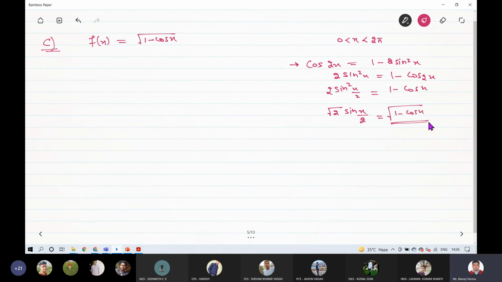So basically this function, root of 1 minus cos x, is equivalent to root 2 sine x by 2, and this one is the simplified version of this expression. So instead of finding the Fourier series expansion for this function, I can simply find the expansion of this function.